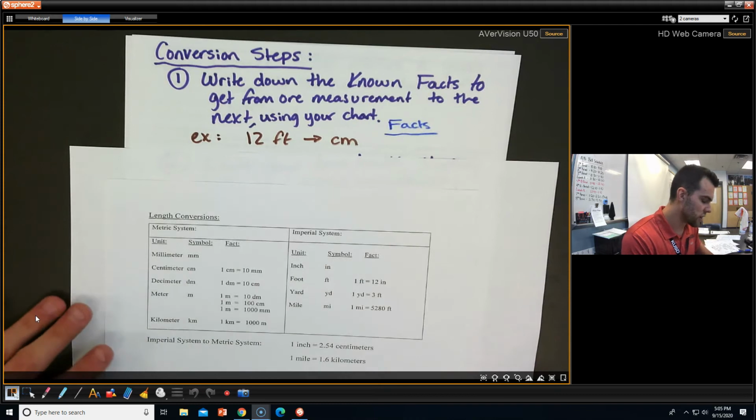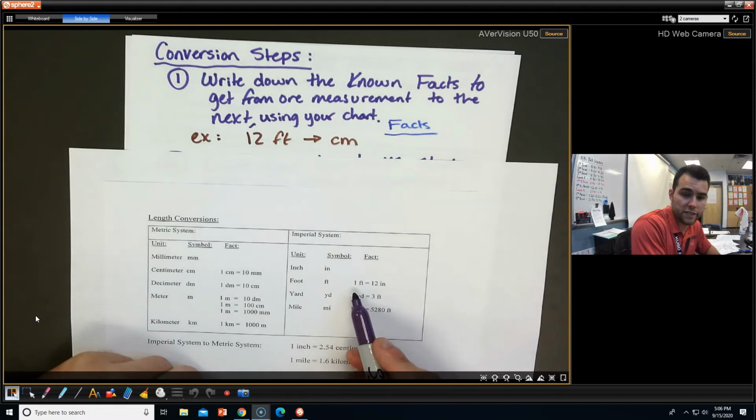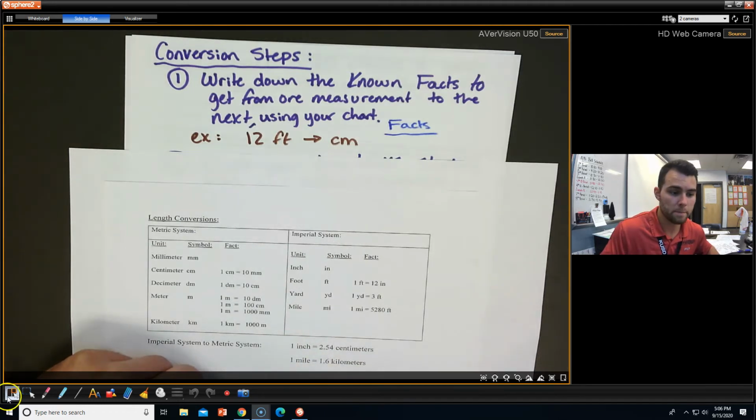Well, if we're looking at our chart, there's no clear way to go from feet to centimeters easily. So we have to pick and choose effectively what we're going to do. If I'm going from feet to centimeters, I need something that takes me from feet to something in order to get centimeters. I know 1 foot is equal to 12 inches, and then I see 1 inch is equal to 2.54 centimeters.